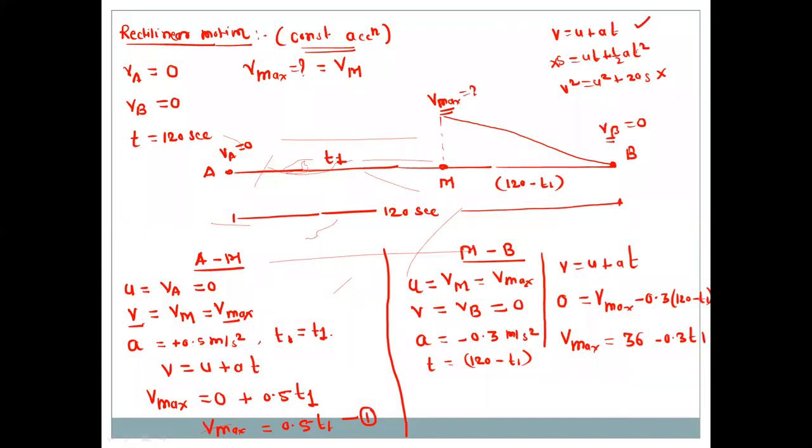Now put the value of Vmax, 0.5 t1, from equation 1 in this equation. So we get 0.5 t1 is equal to 36 minus 0.3 t1.